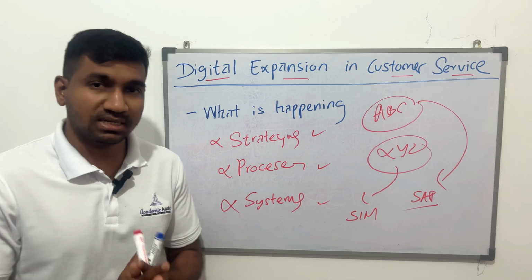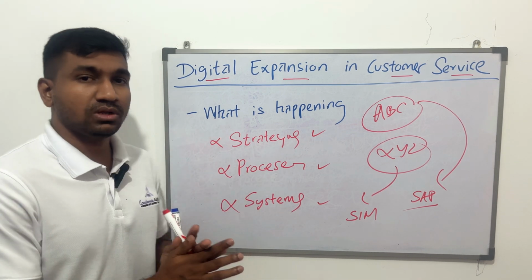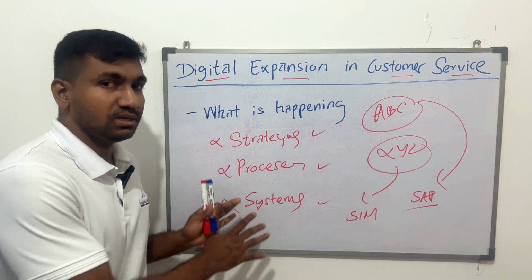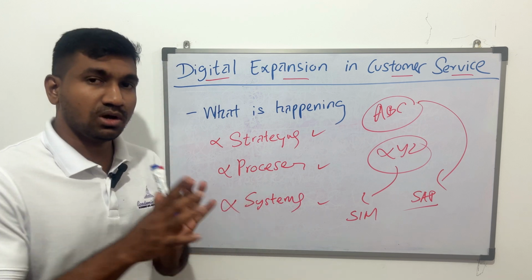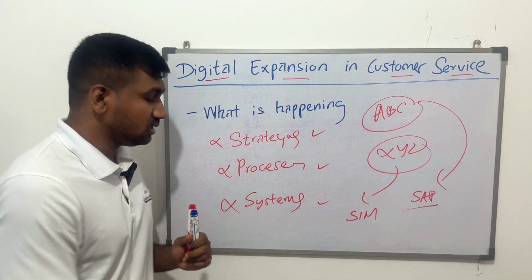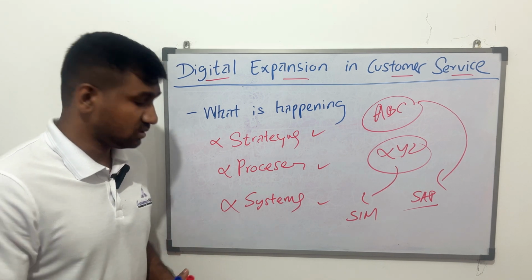Remember, this is about existing things, you don't need to bring new things. You are not recommending here yet. You are going to touch on the existing strategies only, existing processes only, and the systems they already use. Remember the word existing.